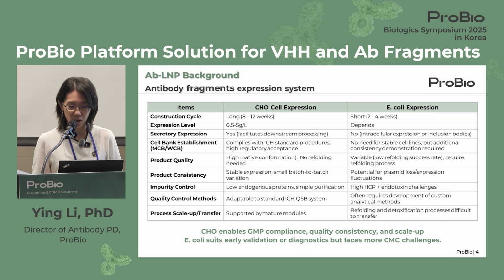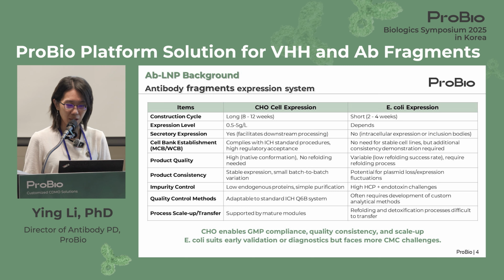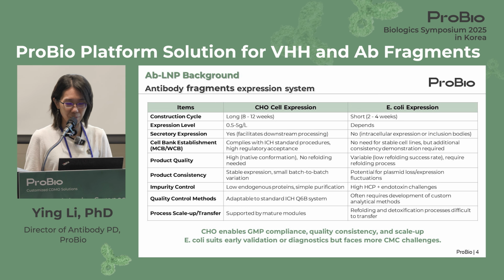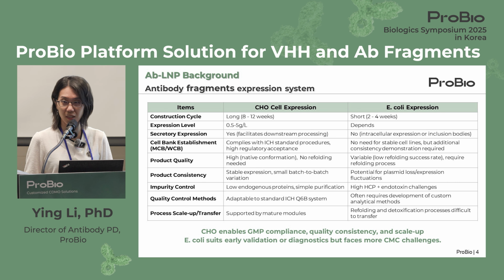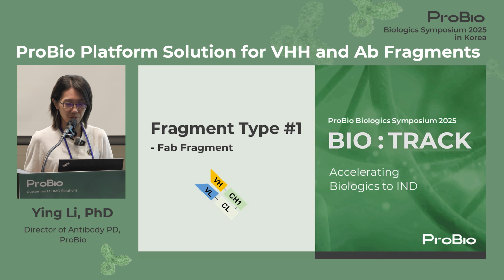So in general, CHO cells enable better GMP compliance, as well as regulatory compliance and good quality consistency across different batches, as well as scale up. Hence, this is the recommended approach for our platform for the production of different antibody fragments.